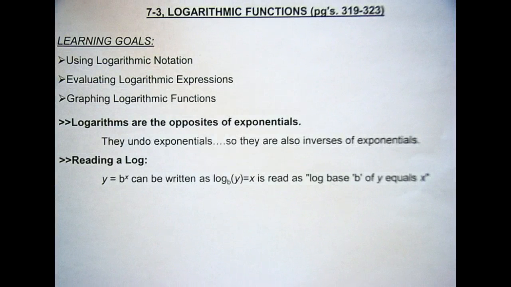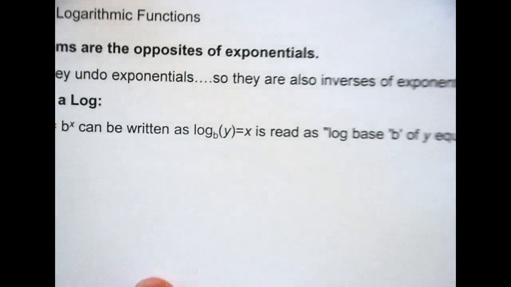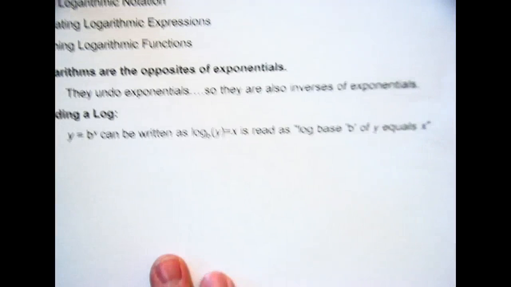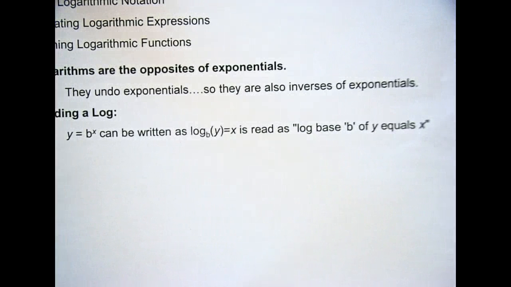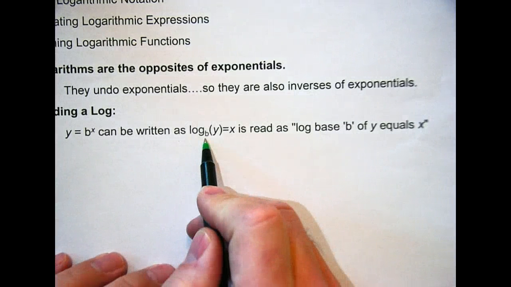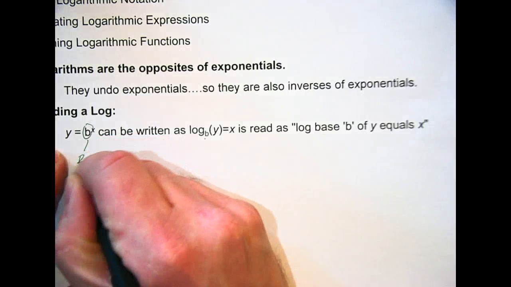All right, so we've talked about reading a log. Just make sure that everyone understands that when we have y equals b to the power of x, that can be written as log base b. So this is our base, so we move that over.